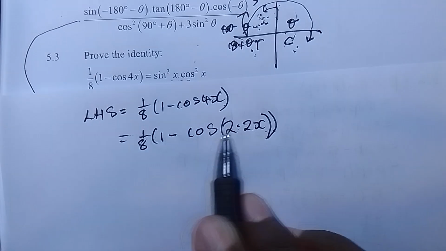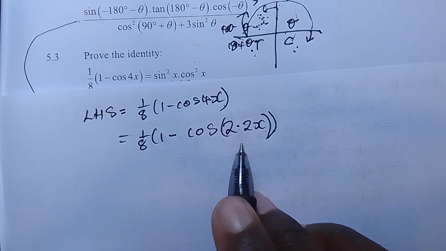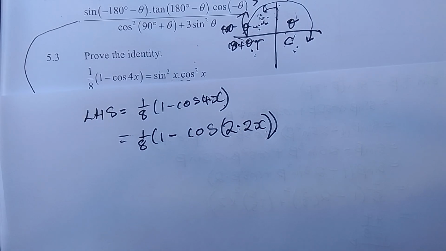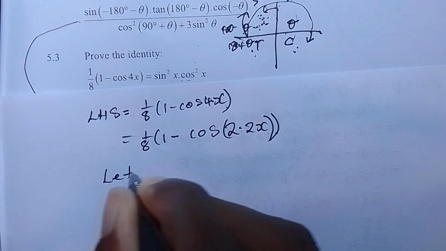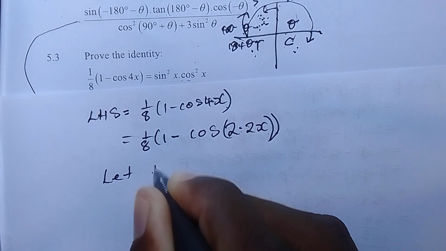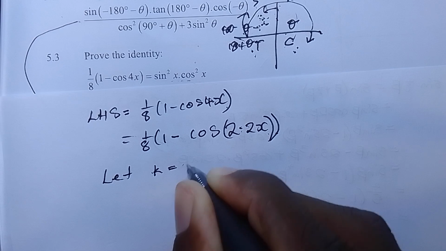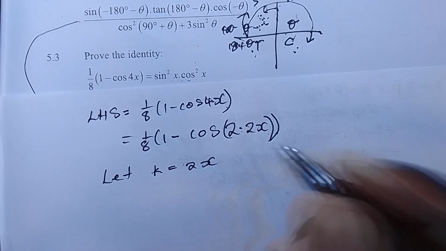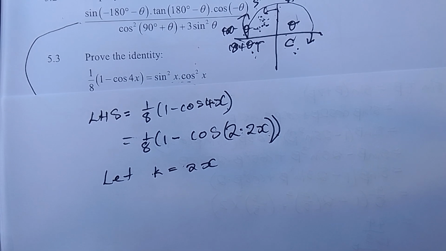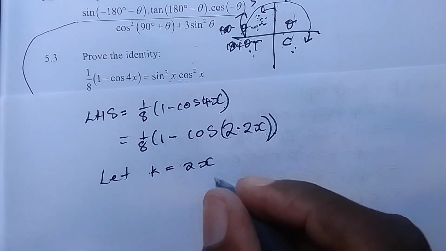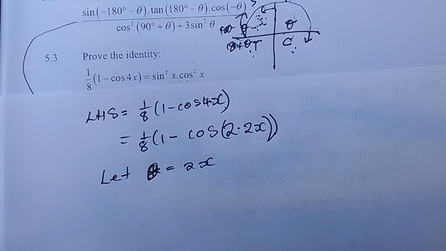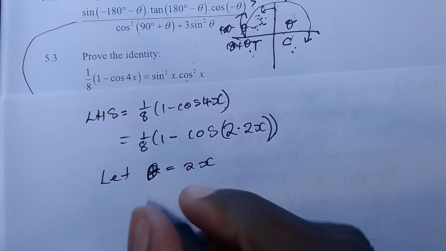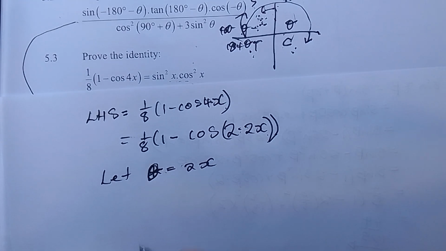Now, to make things easier for you guys, let k be equal to 2x, or let 2x be equal to k. Or let's say theta, because you're used to theta. Let theta be equal to 2x.